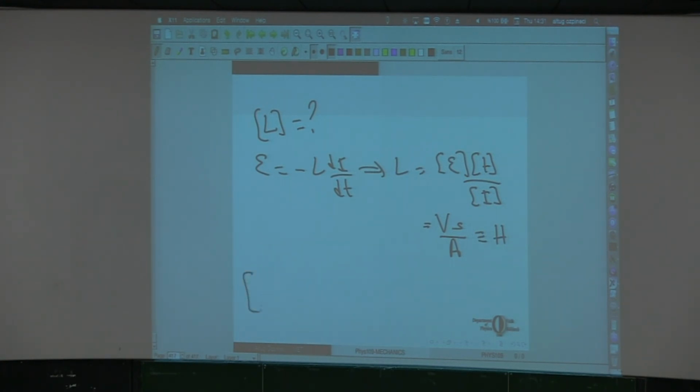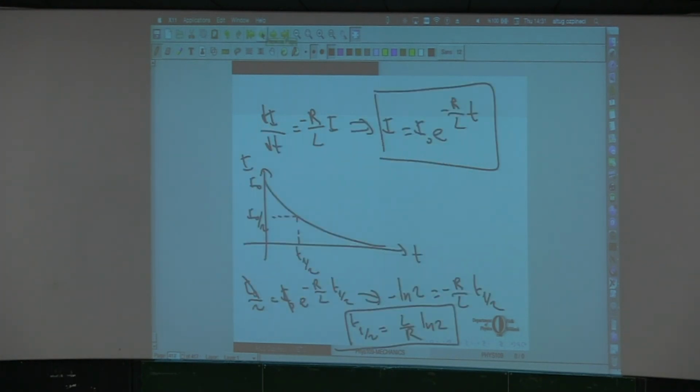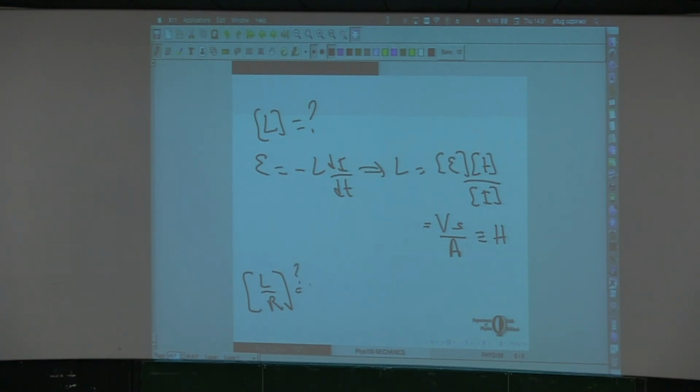Now what's the unit of L over R? If this is true, half-life has units of time. It should be seconds. Is it equal to seconds? It should be if everything we did is correct.